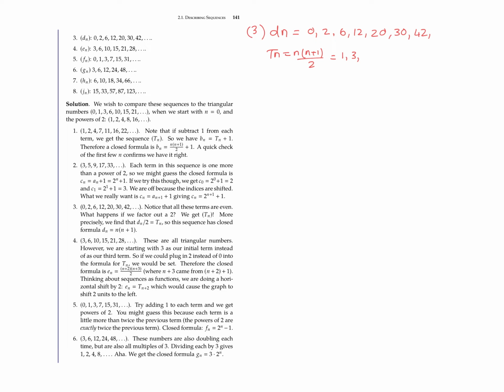So that's 1, 3, 6, 10, 15, 21, 28. And that's how that sequence continues. And our second reference sequence is n squared. So it's 1, 4, 3 squared is 9, 16, 25, 36, and then 49.